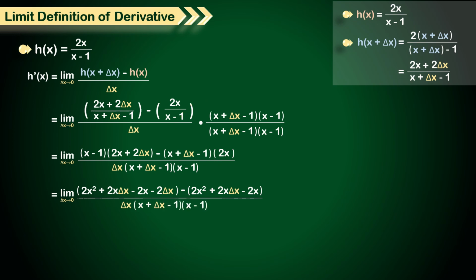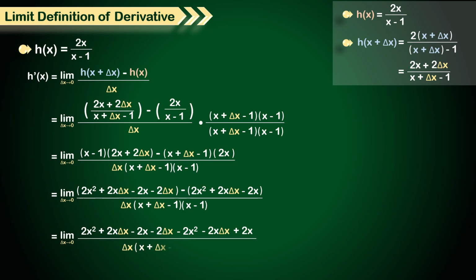Remove grouping symbols. We have the limit of 2x squared + 2xΔx - 2x - 2Δx - 2x squared - 2xΔx + 2x over the whole denominator as Δx approaches 0.